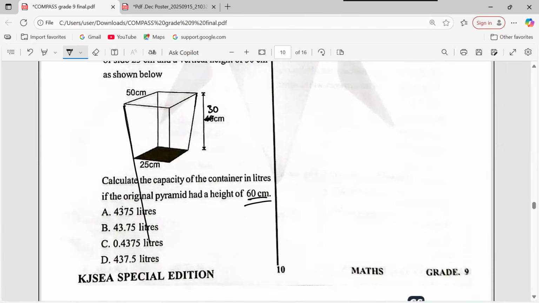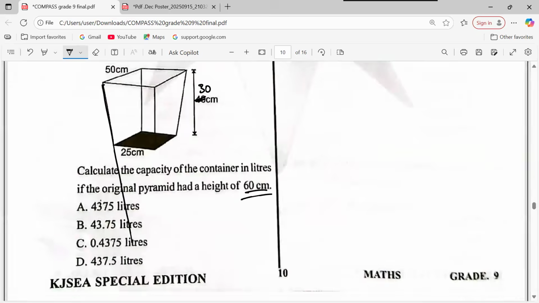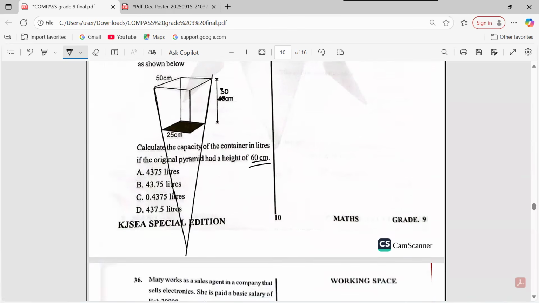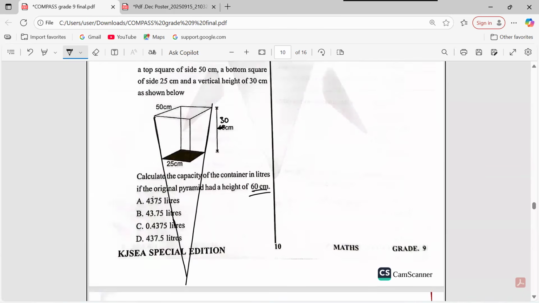Look at this extension of mine. Just look at this. Sorry for that. So now, the original pyramid was having a height of 60.